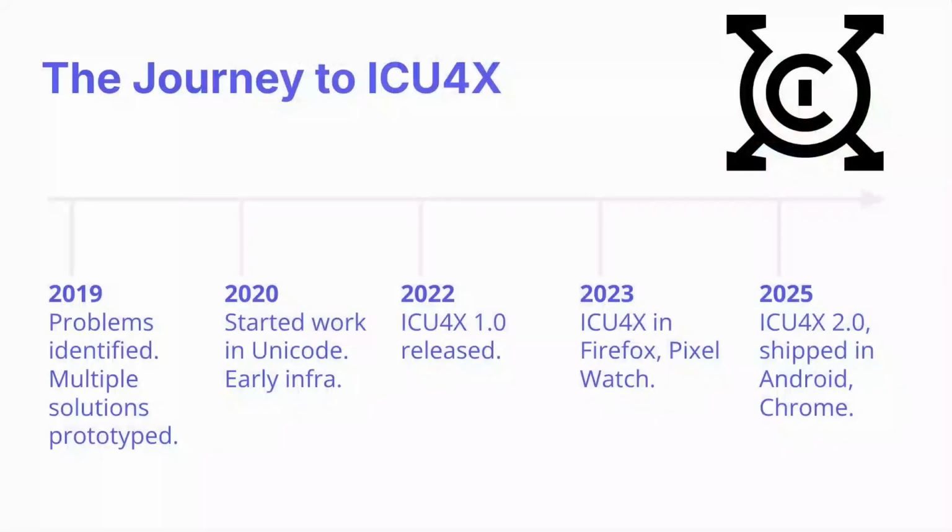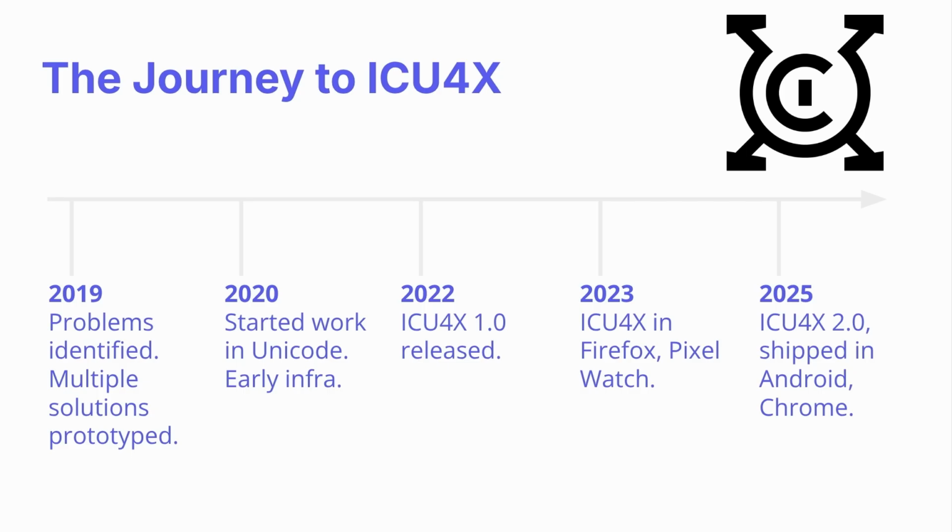In 2019, we identified our problems and we identified the solutions. In 2020, we started work on the project. 2022 was our first release of the ICU4X project. In 2023, we landed it in our first major clients. We landed in Firefox. We landed on Pixel Watch. If you've used Firefox or Pixel Watch, you've used ICU4X.